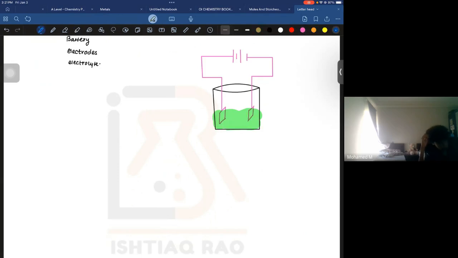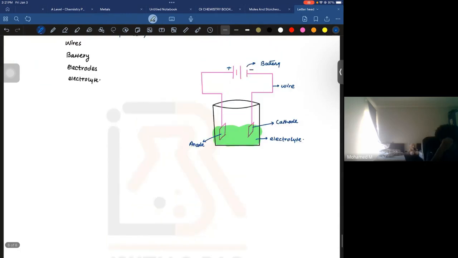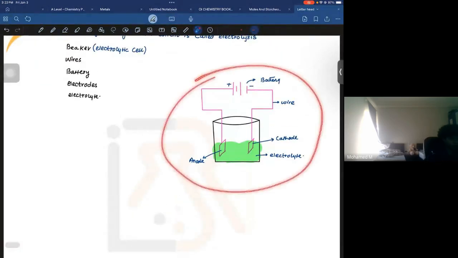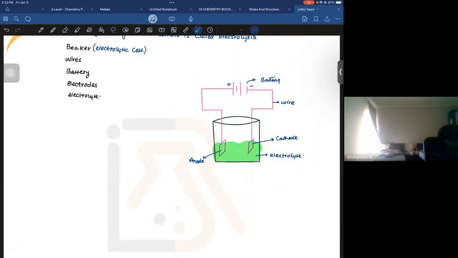And this is your battery, the power source. This is the wire, and this is electrolyte, and this is your cathode. This is your anode. It's the positive terminal of the battery, and it's the negative terminal of the battery. So we would be assembling all this apparatus in this way, and then we can do electrolysis basically. In this case, the electrolyte is sodium chloride. So you must know each and everything.